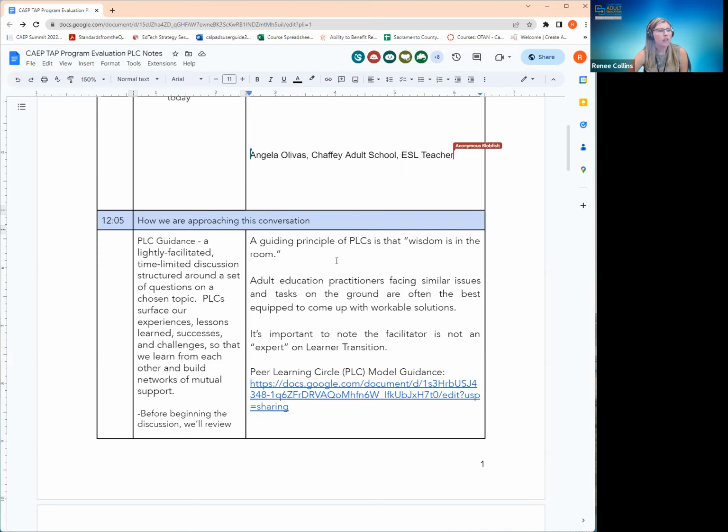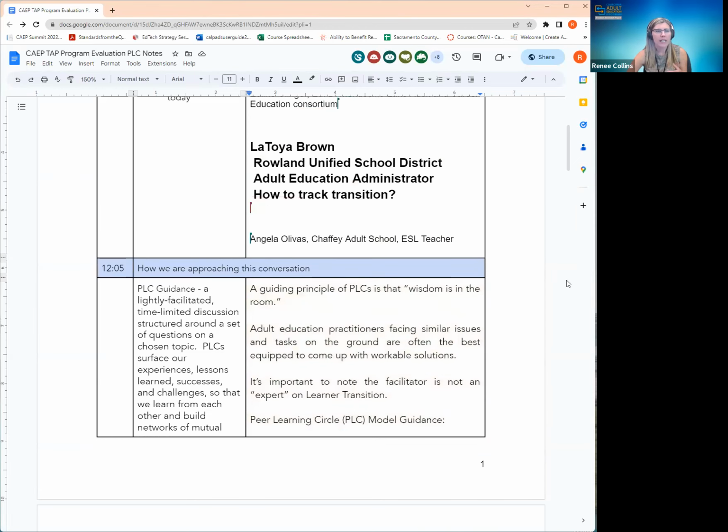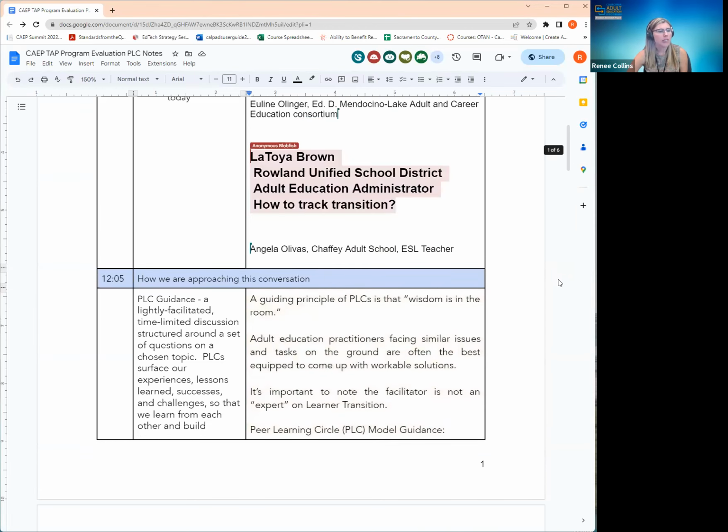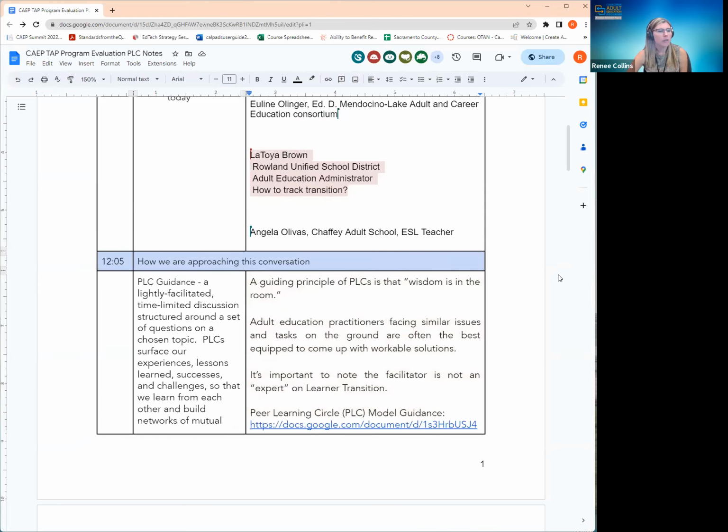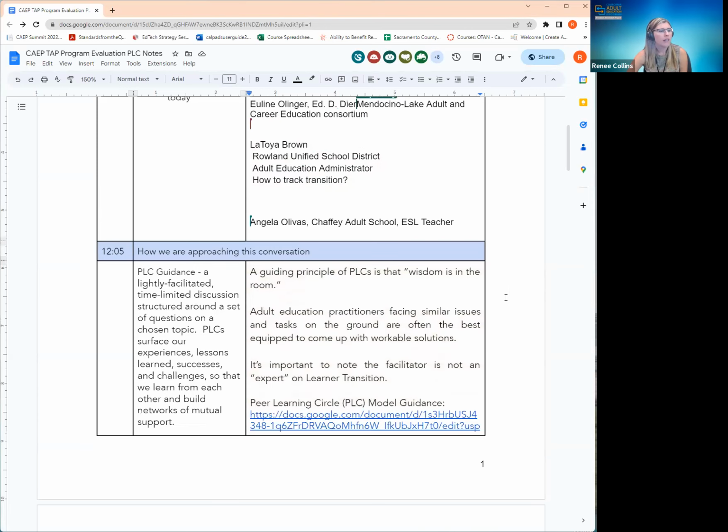Going over to the notes column, a guiding principle of the PLCs is that the wisdom is in the room, right? There is not any one of us that is the expert. So we really want to learn from one another and feel safe and free to do that.